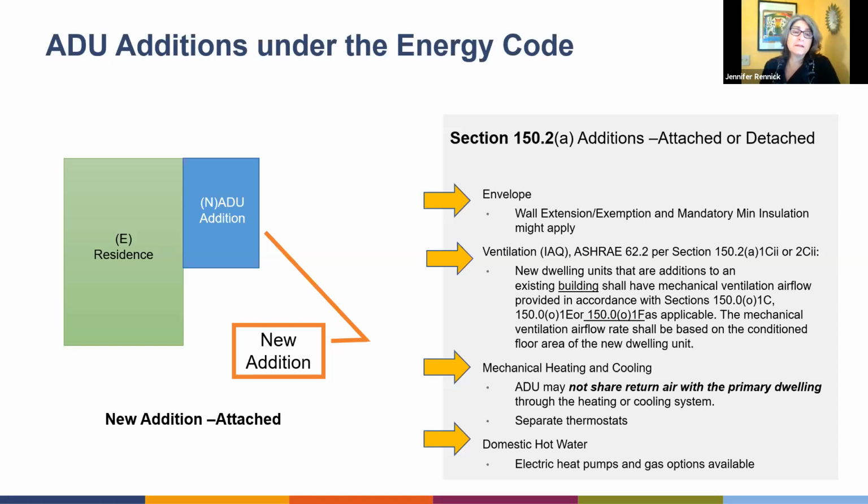And the new addition has to comply with ASHRAE 62.2 for indoor air quality. So that does mean we have to have fresh air, and we also have to comply with the kitchen hoods. Probably the biggest thing to realize on the mechanical heating and cooling side of it is, yes, there needs to be heating and cooling equipment for this new ADU, but because it's a separate dwelling unit from the primary dwelling unit, it has to have its own thermostat, and it may not share the same recirculated air as the existing residence.